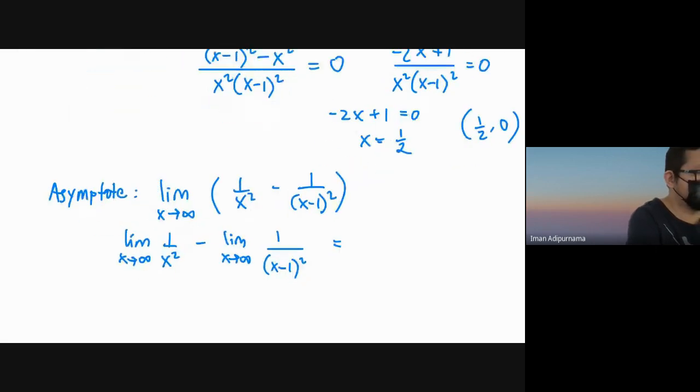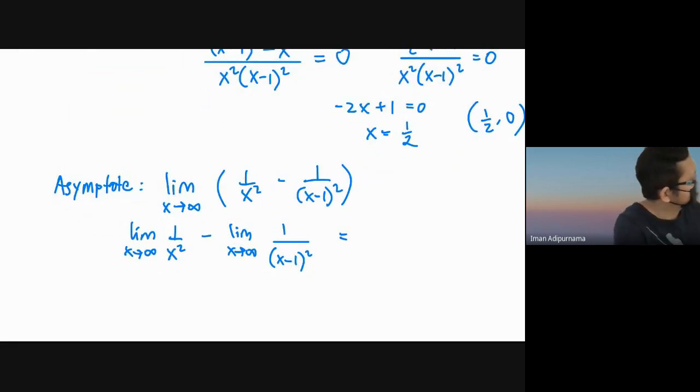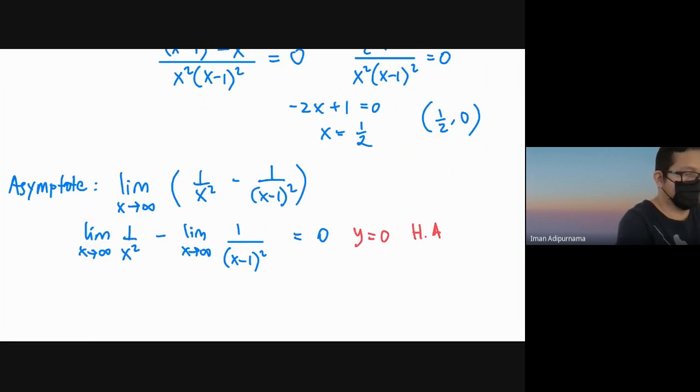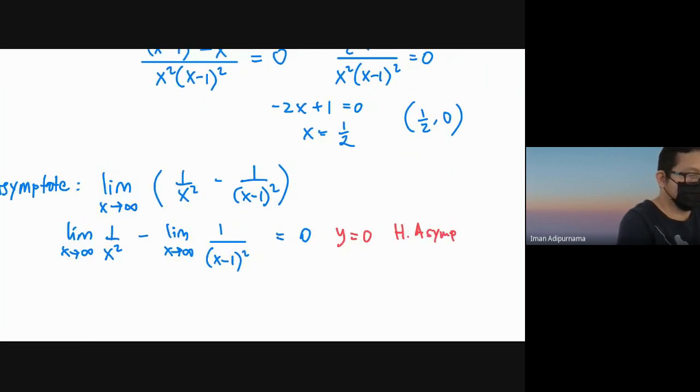And we know that from the form that you see here, it will result in 0, right? And we can confirm that y equals 0 is our horizontal asymptote.